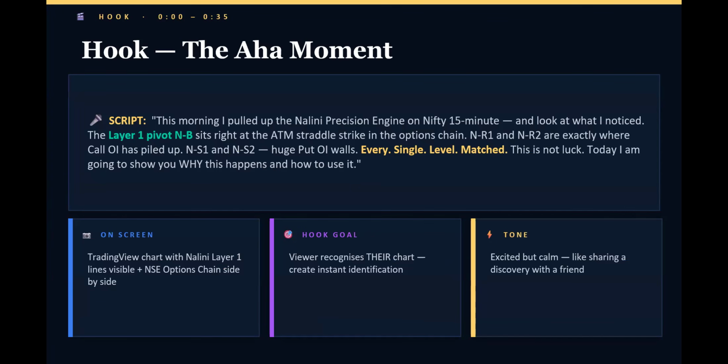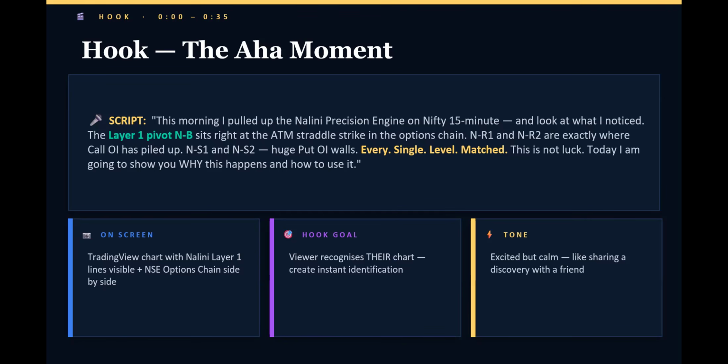When I pulled up the Nalini Precision Engine on the Nifty 15-minute chart, what I noticed is that the layer 1 pivot base sits right at the ATM straddle strike in the option chain. NR1 and NR2 are exactly where call open interest has piled up.